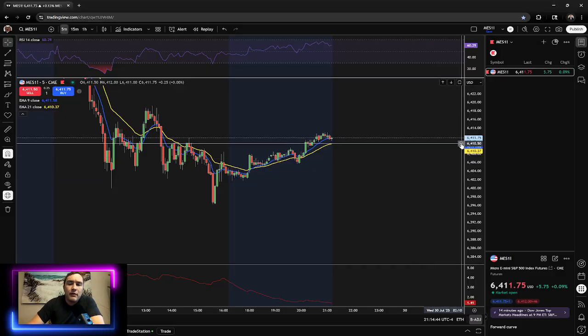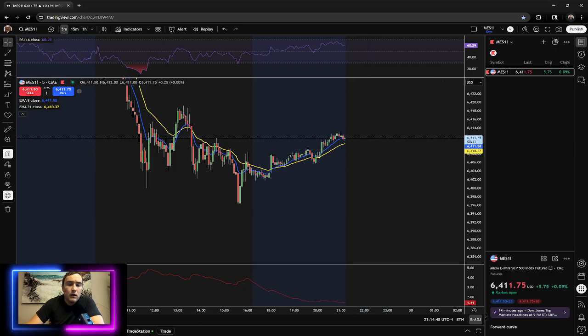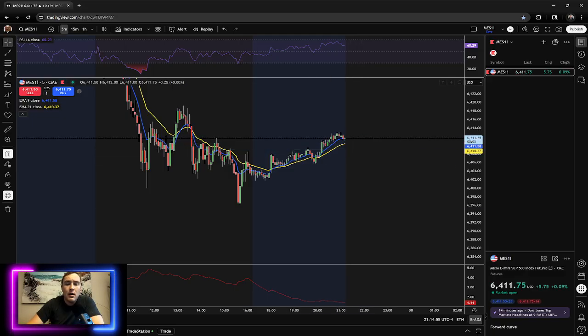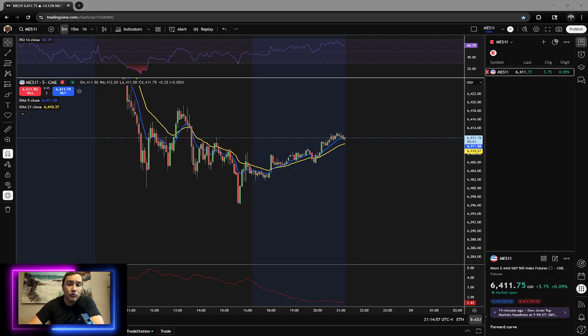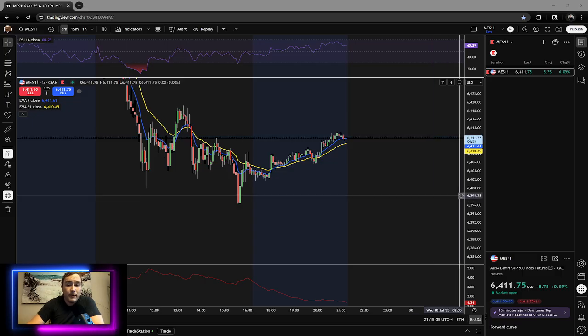So my entry rule is that I only enter in long trades that are at or above the 21 period or the slower moving average. And I only enter into shorts where the price is at or below the 21 period or the slower moving average. And I only enter in on limit orders.